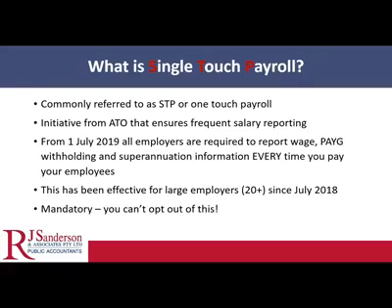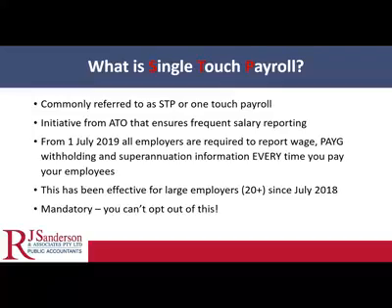So Single Touch Payroll, STP, is a payroll initiative created by the ATO. It started officially on the 1st of July 2018 for any employers with more than 20 staff members. However, from the 1st of July 2019, this year, it is compulsory for all employers. So if you pay wages, this is compulsory.